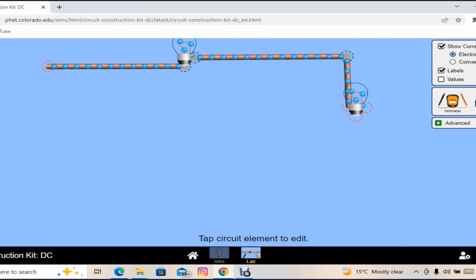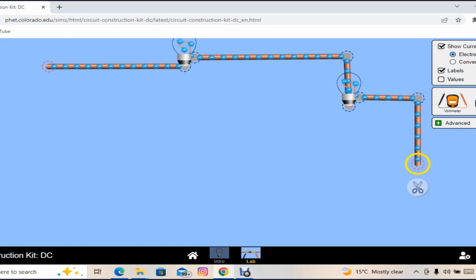Now here's our second community. Now we just added our third one.